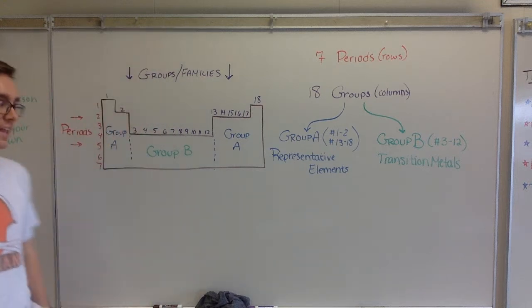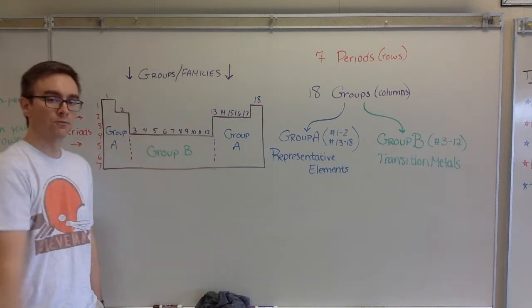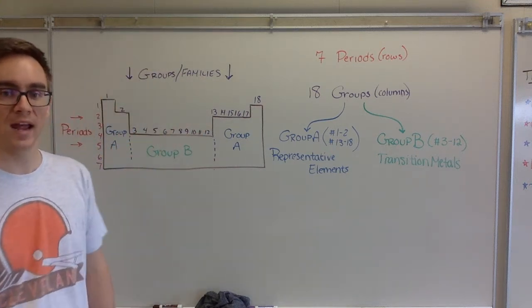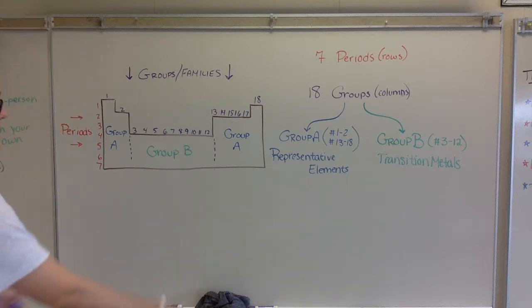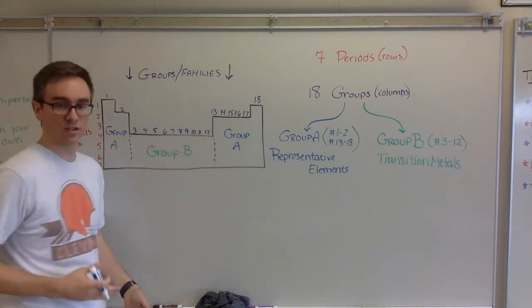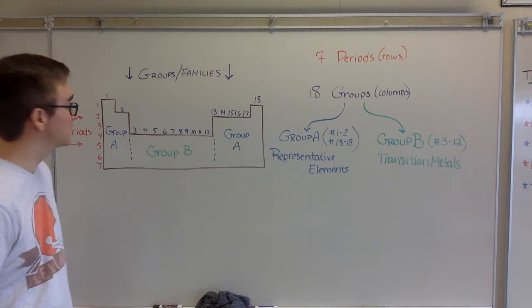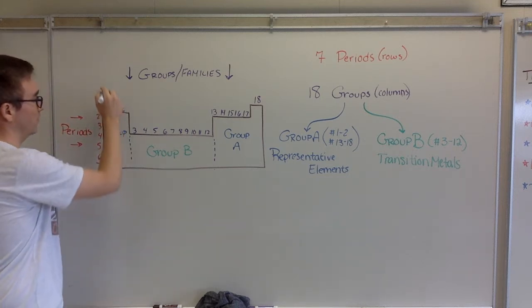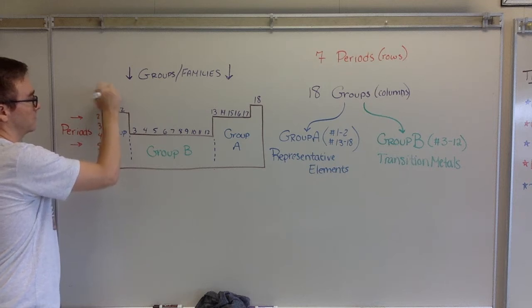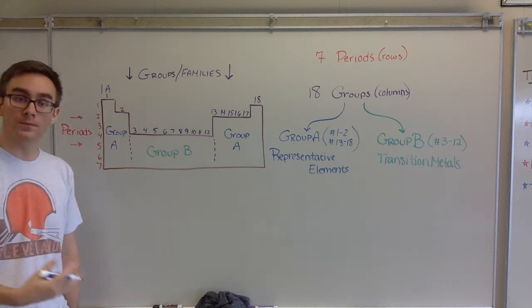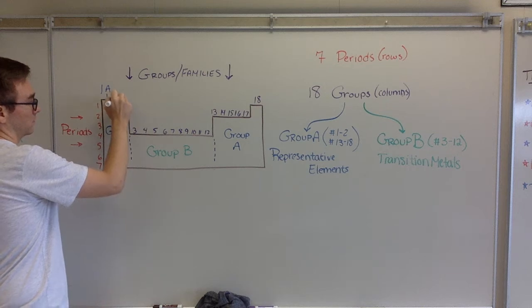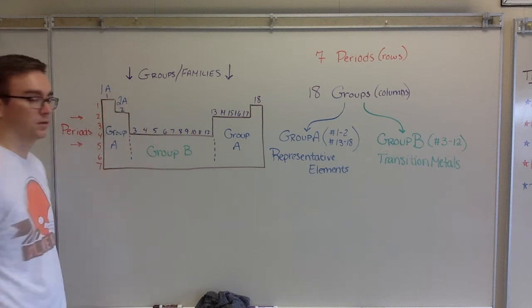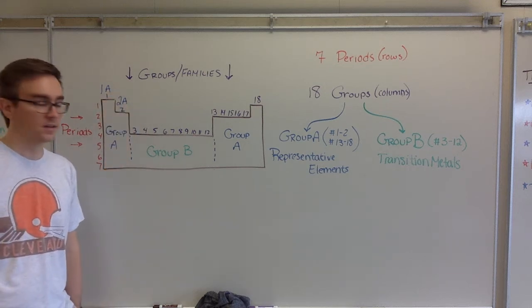Which means we actually are going to relabel some of these groups because we can label these as both group A and group B. I said we're not going to really focus on the group B, so I'm only going to relabel the group A elements. Group 1, because it is a group A element, is also known as 1A. Group 2, it being the second A group, is called 2A.